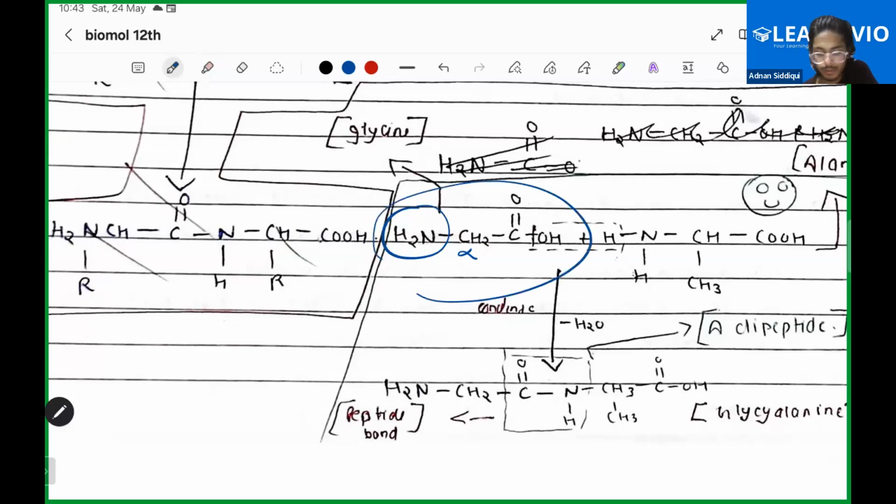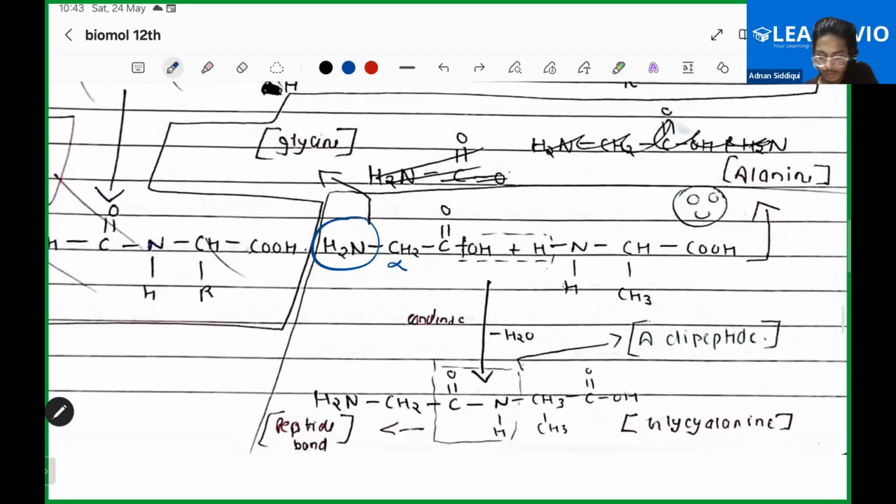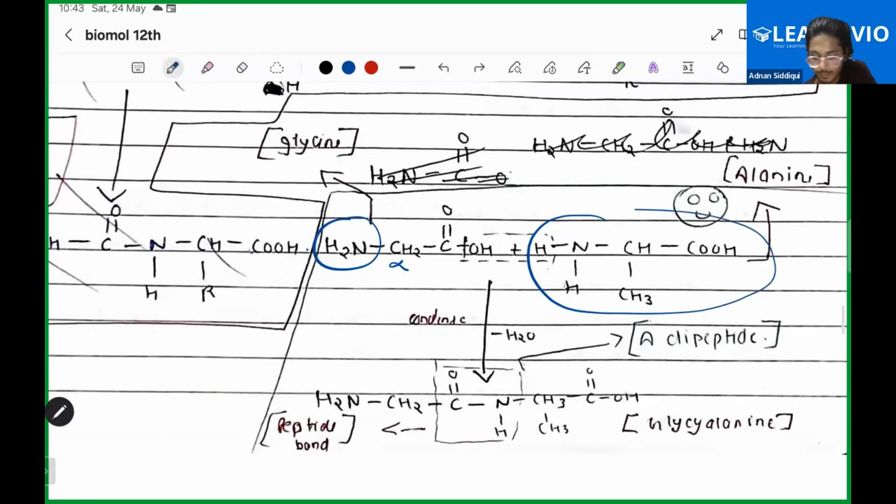This is again an alpha amino acid. They are both different alpha amino acids. This one is called alanine and this one is called glycine. Alanine and glycine differ in one thing: here we have a CH3 group, here we have no CH3 group.